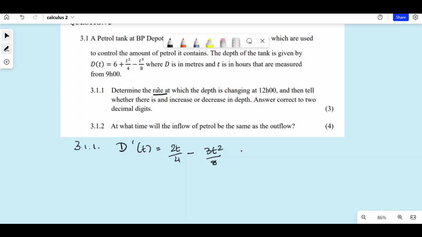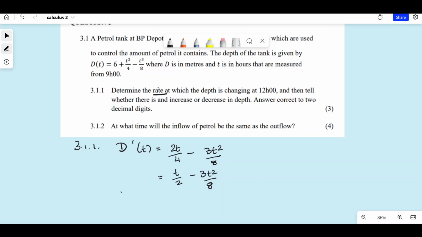This 4 and 8 are constants here, so that is actually t over 2 when you simplify, minus 3t square over 8.